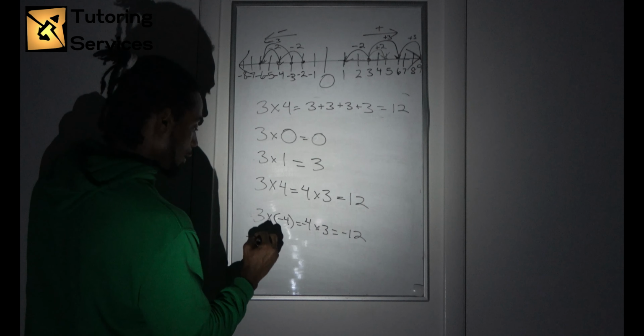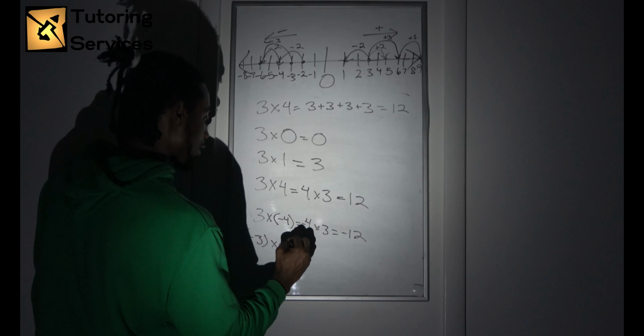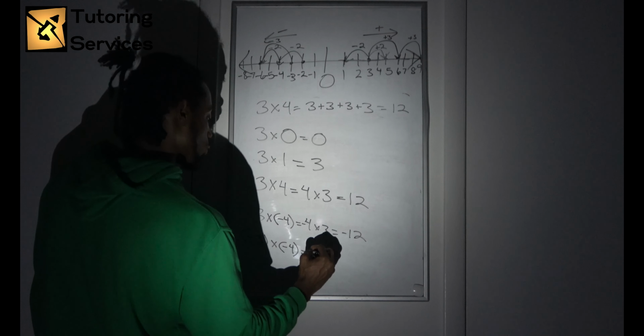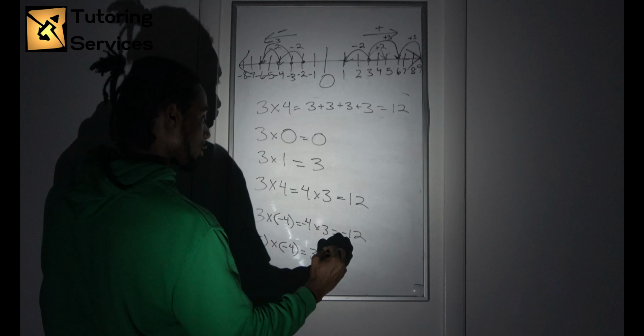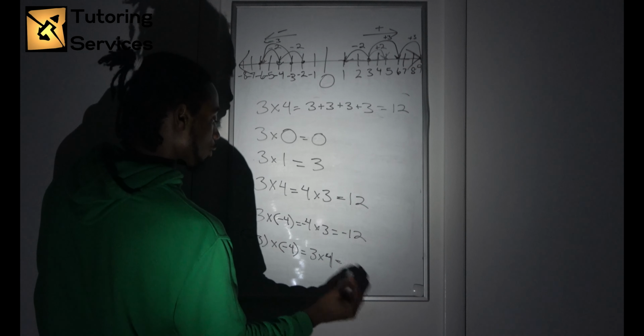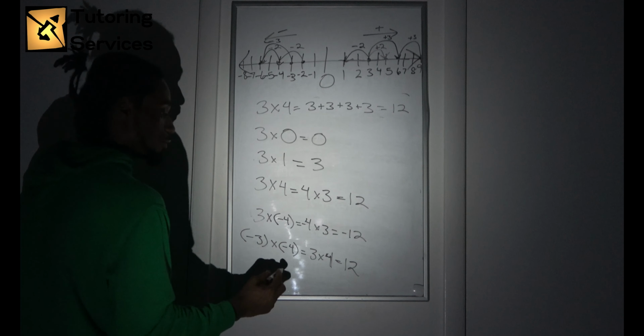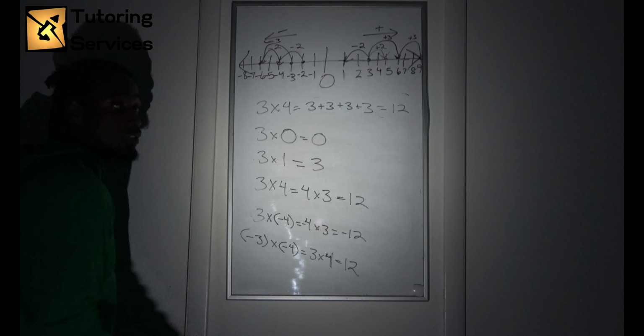And then last but not least, the multiplication of negative numbers just gives you the positive product of those positive numbers. So -3 times -4 equals 3 times 4, which equals 12.